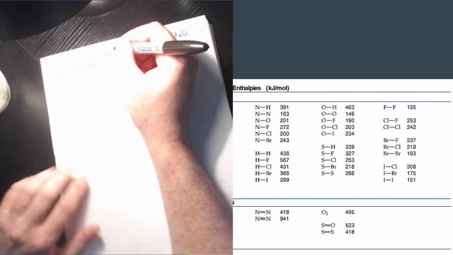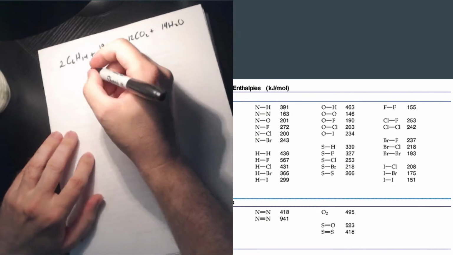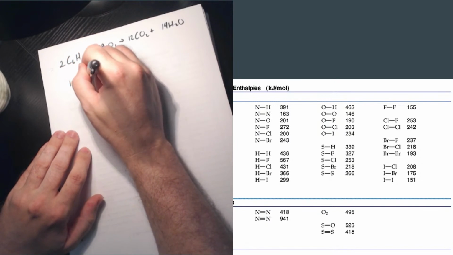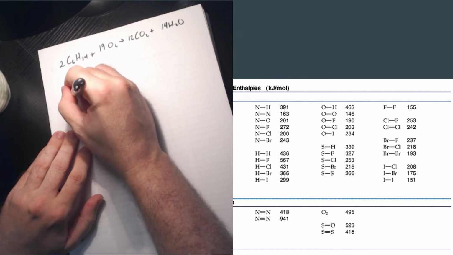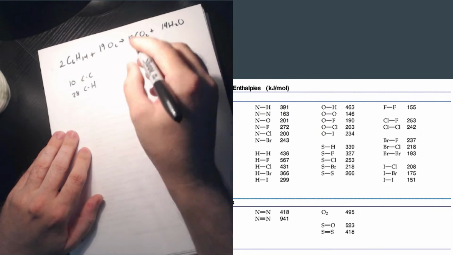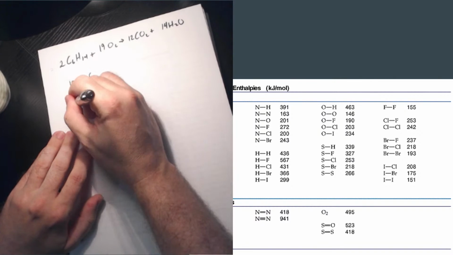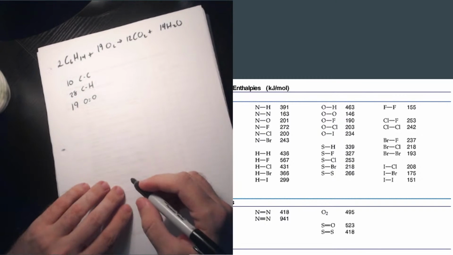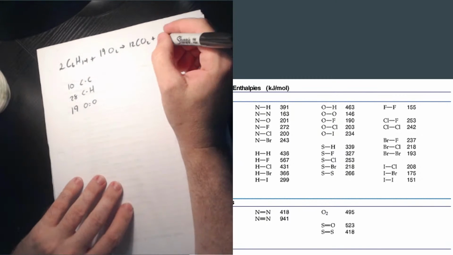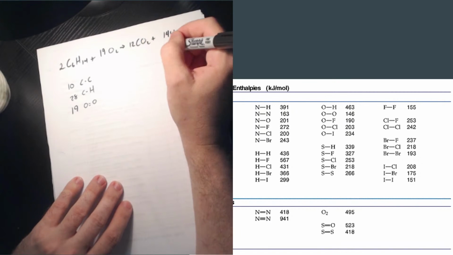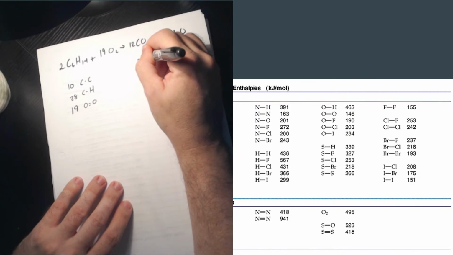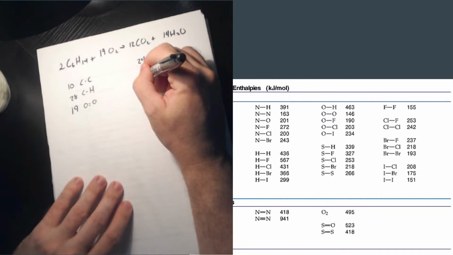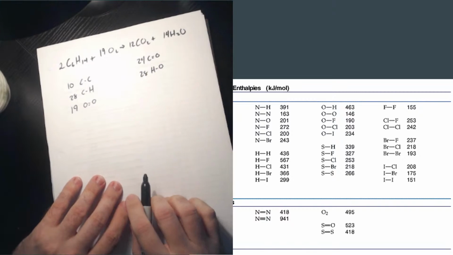All right, that means with two hexane molecules, we're looking at 10 carbon-carbon single bonds and 28 carbon-hydrogen single bonds. And then with 19 oxygen molecules, we have 19 oxygen-oxygen double bonds. Now coming over here, we have 12 carbon dioxide, so 24 carbon-oxygen double bonds, and 28 hydrogen-oxygen single bonds.